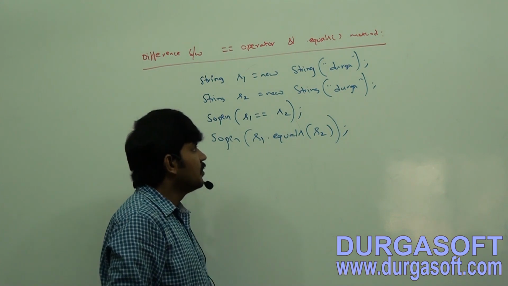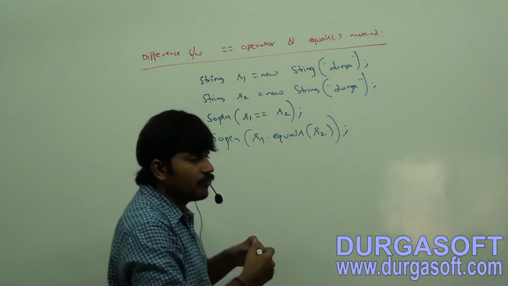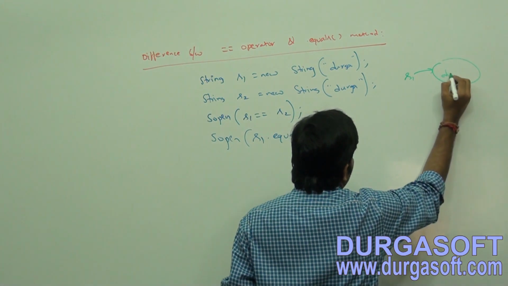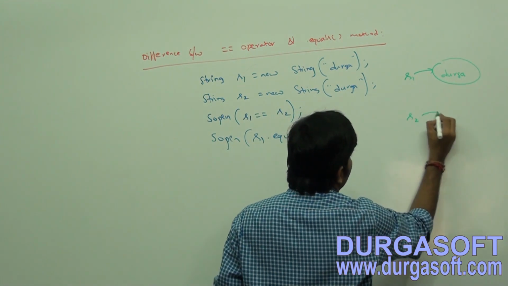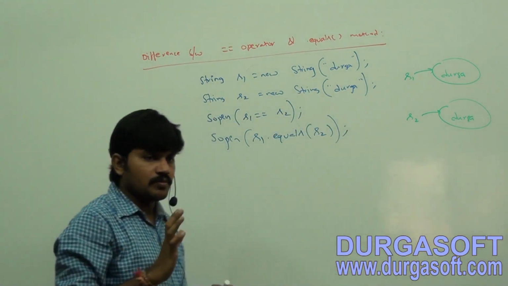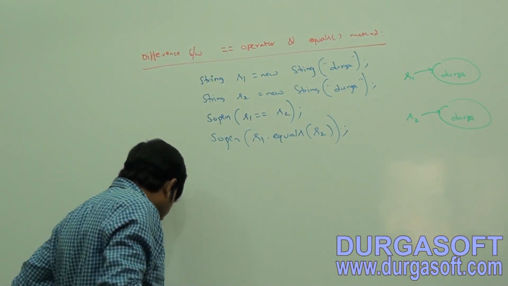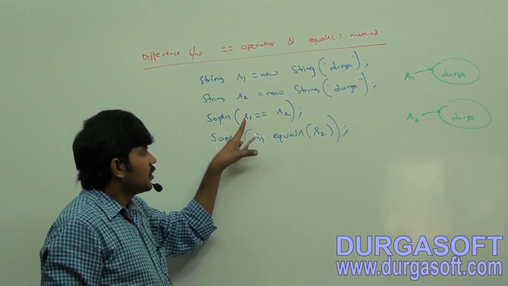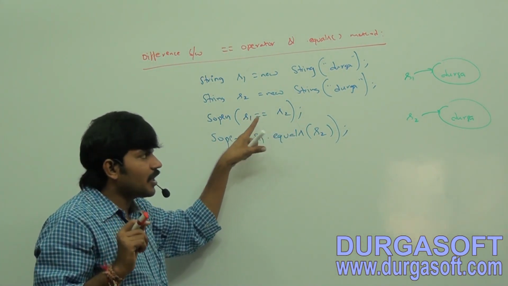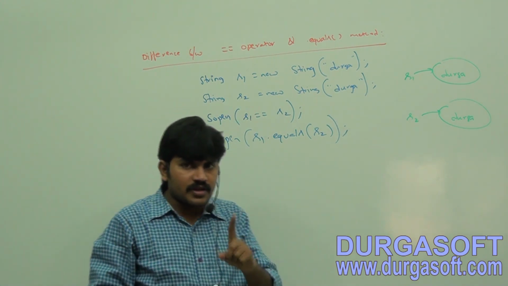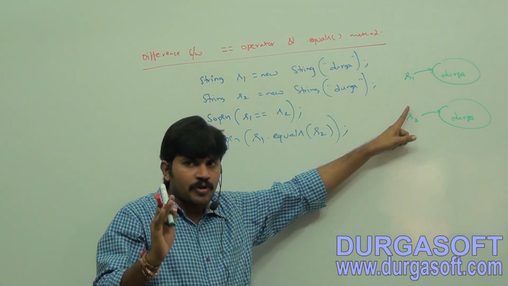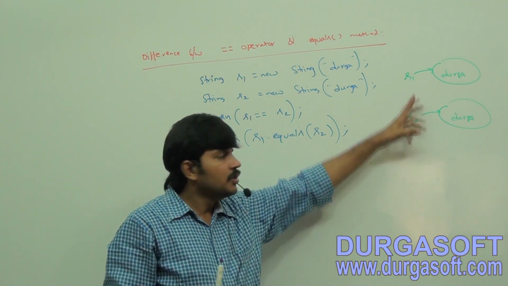Now observe, how many objects did we create here? s1 points to Durga, s2 points to Durga. Two objects are there, both are different objects, but the content is the same. For s1 == s2, the double equal operator is always meant for reference comparison, address comparison. Do s1 and s2 point to the same object or different objects? Different objects.